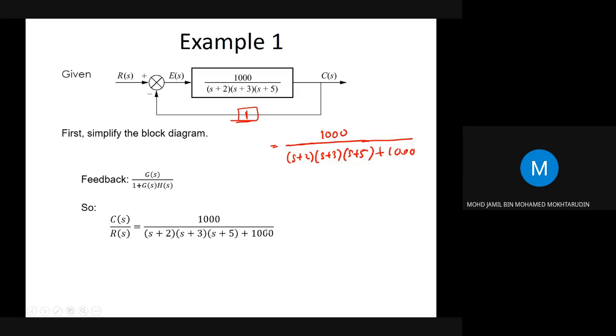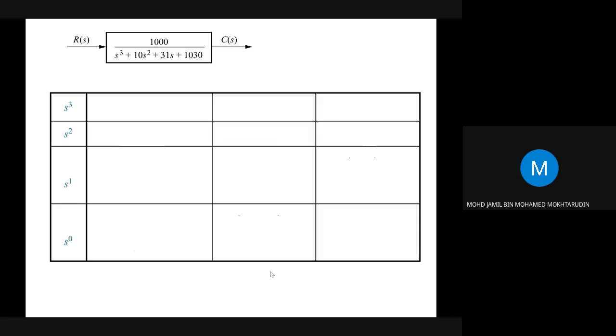Okay, so bila dah dapat yang ni, when you get this transfer function, you need to simplify the denominator first. Okay, simplify the denominator to get a complete equation. So then you can use the denominator to generate the Routh table. Since here it's s to the power of 3, you start your table with s^3, s^2, s^1, s^0.